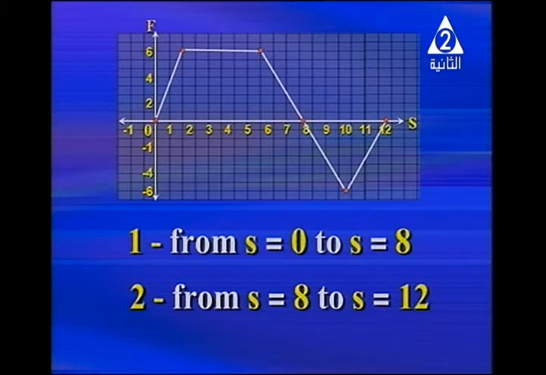Dear student, look at the work done by the body when S equals 0 to S equals 8, the first required. Second required, from S equals 8 to S equals 12.